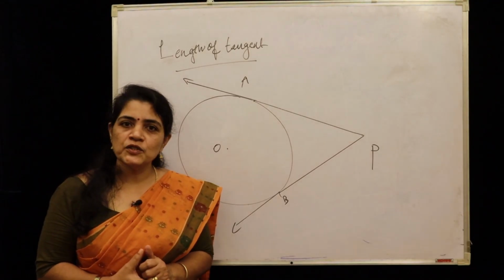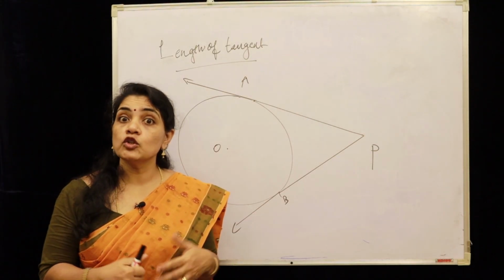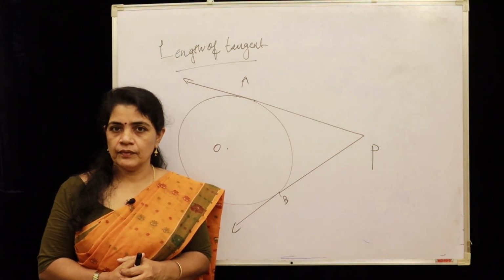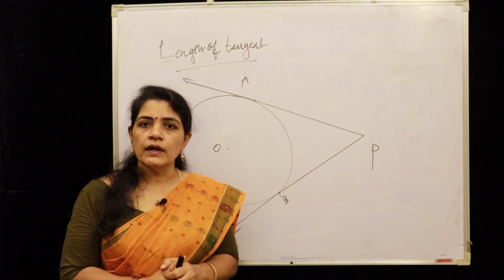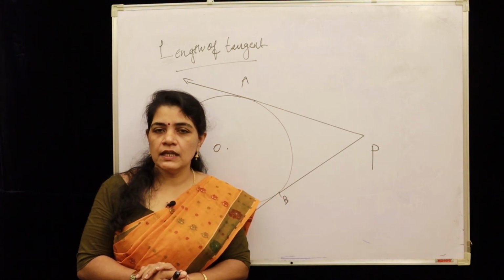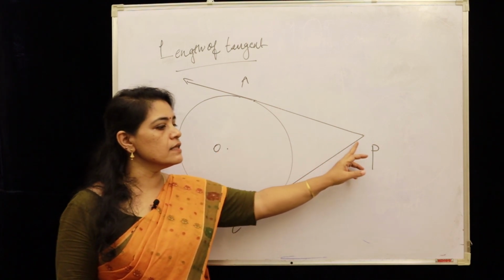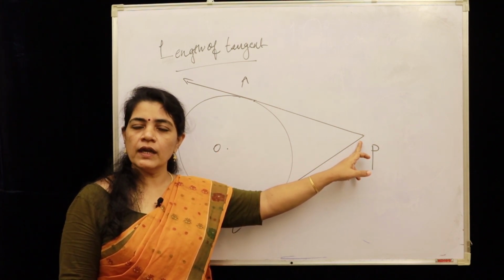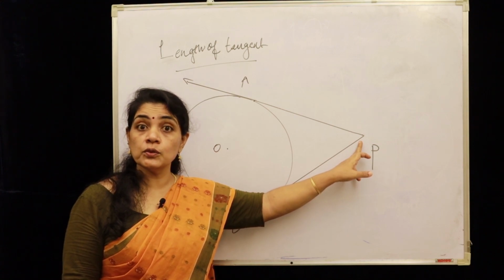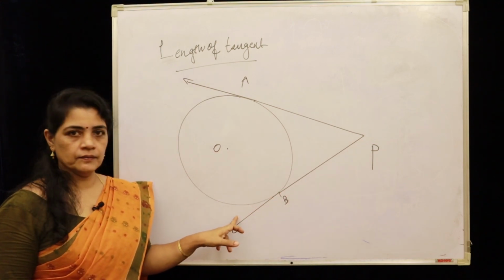The next point to be discussed is the length of the tangent. In the last case we have seen that when we have a point which is lying outside the circle, you can draw exactly two tangents to the circle.